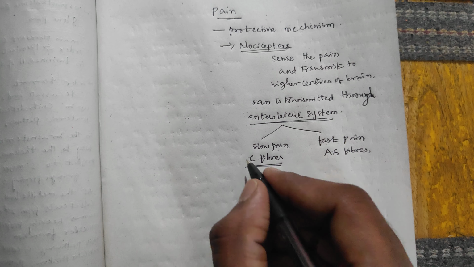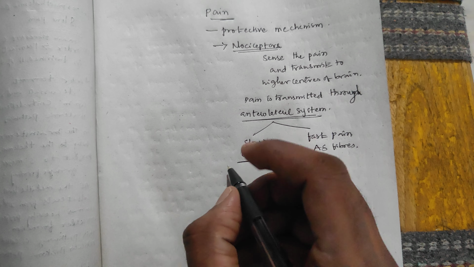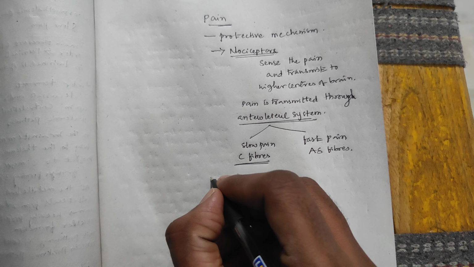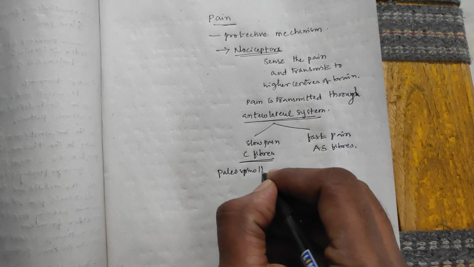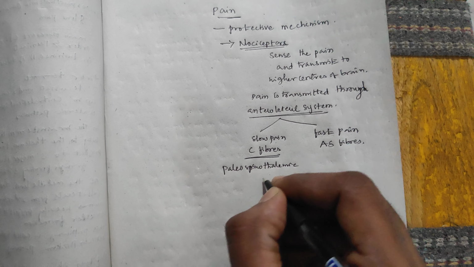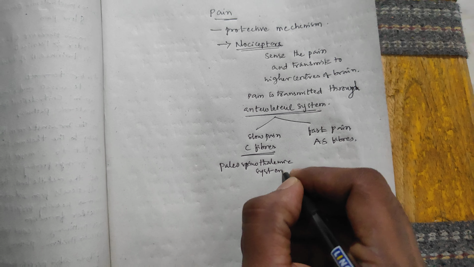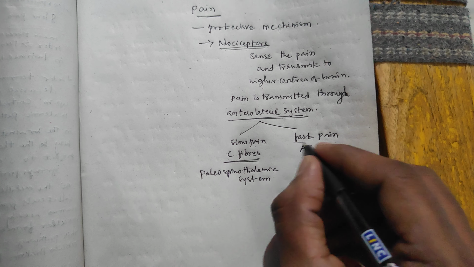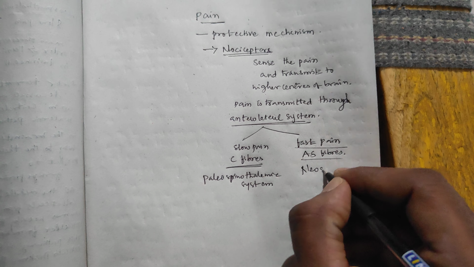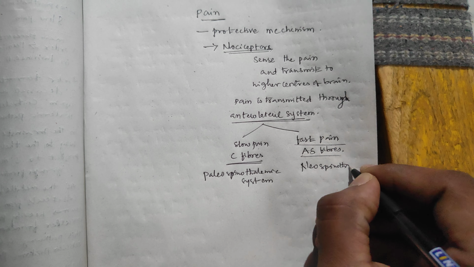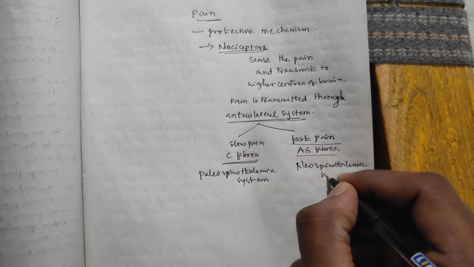The system of slow pain is called the paleospinothalamic system, and the system of fast pain transmission is called the neospinothalamic system.